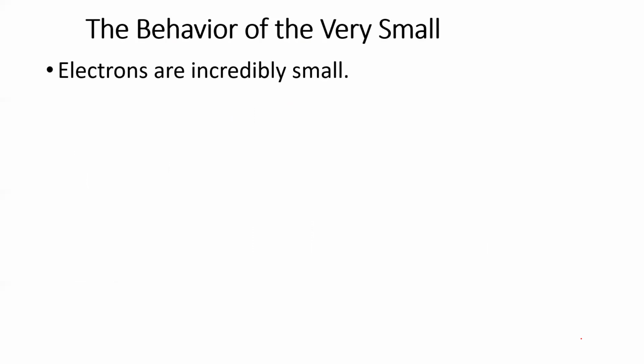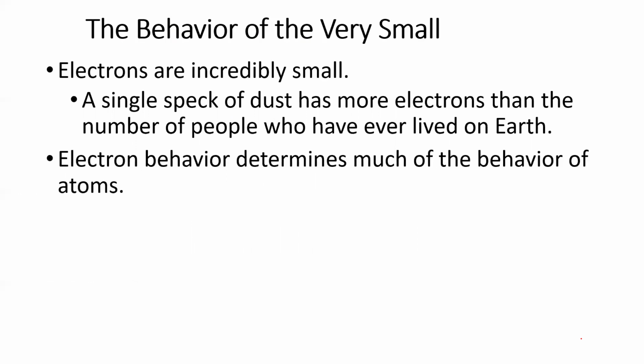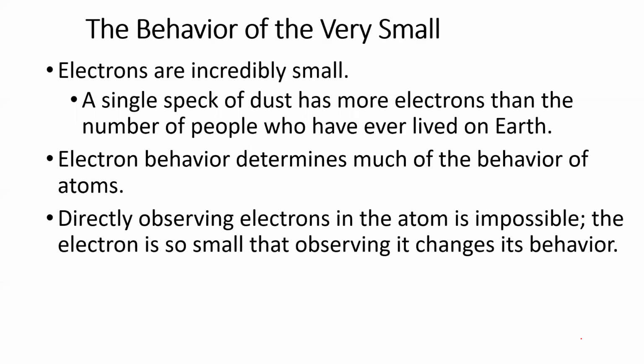So we have to understand that electrons are incredibly small. A single speck of dust has more electrons than the number of people who have ever lived on Earth. That's how small electrons are. Electron behavior determines the behavior of atoms. In chemistry, we need to study this electron behavior, but they're so small.